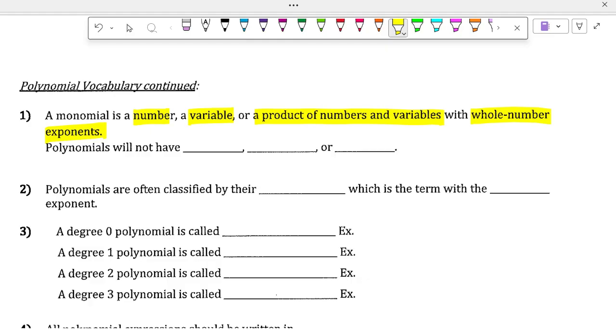So, polynomials will not have fraction exponents. They will not have a variable under a radical.